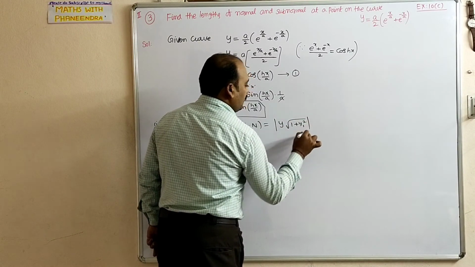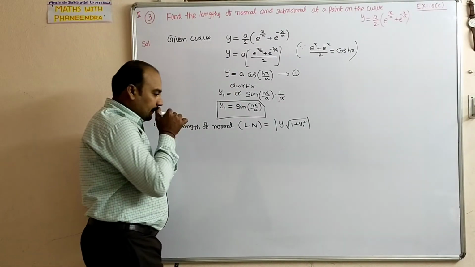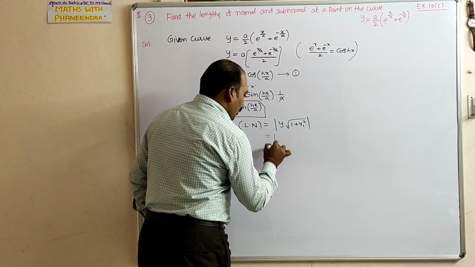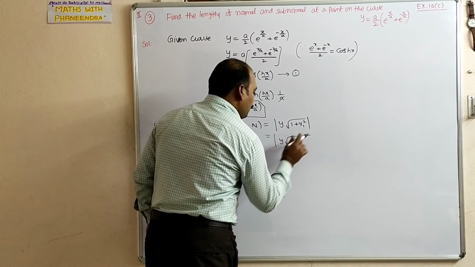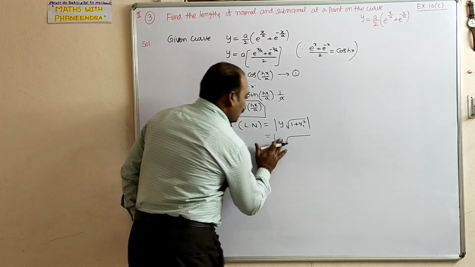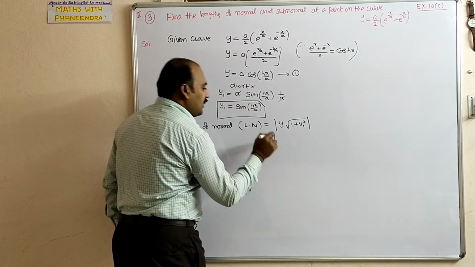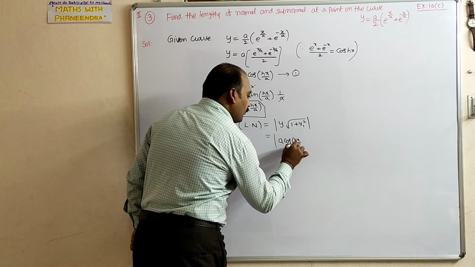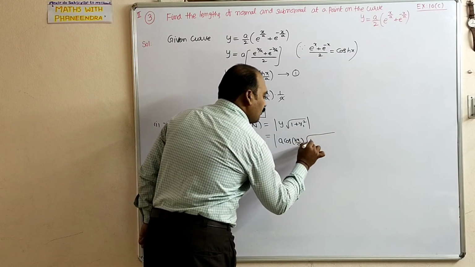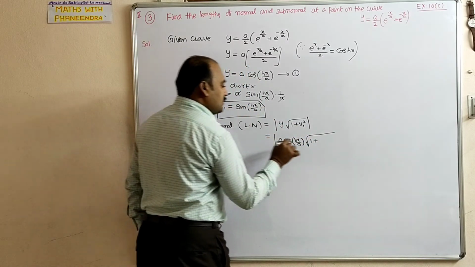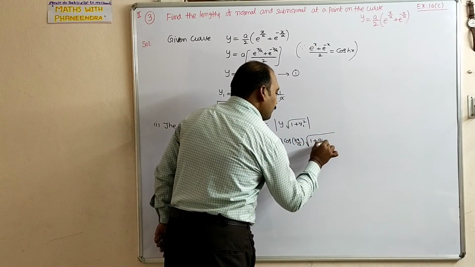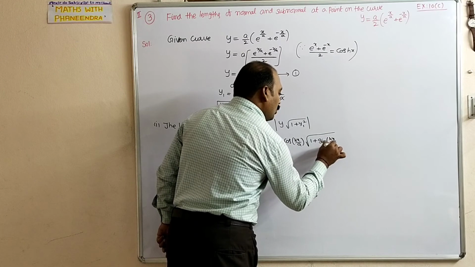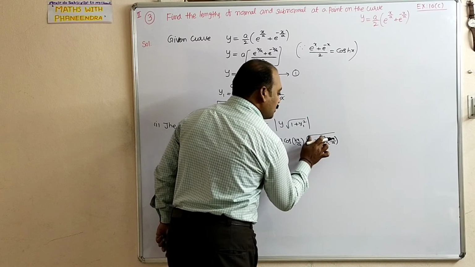This is the formula for the length of normal. Mod y into root of, what is y here? a times cosh x by a into square root of 1 plus y1 square, sinh x by a whole square.